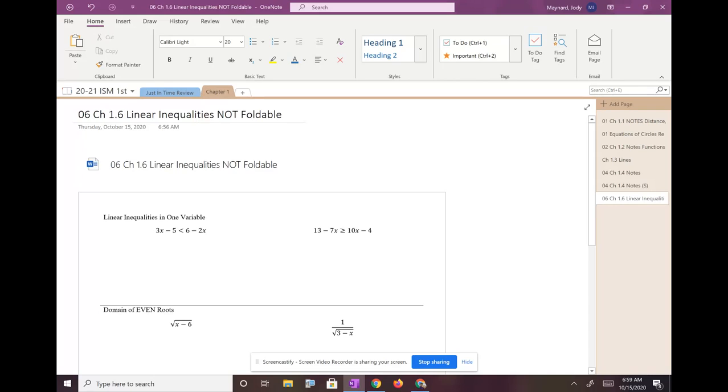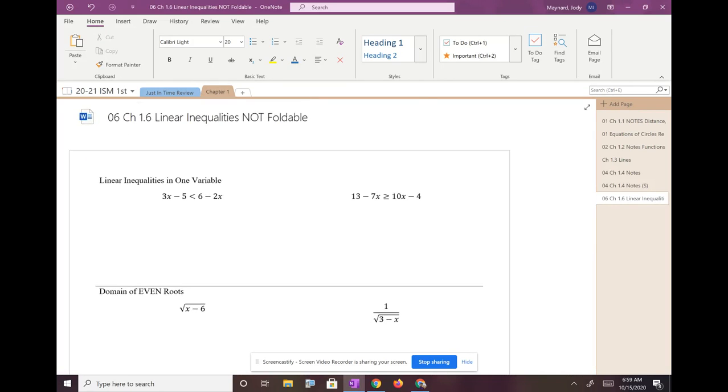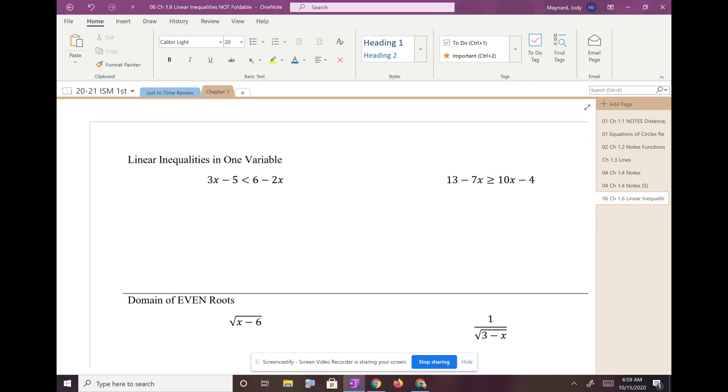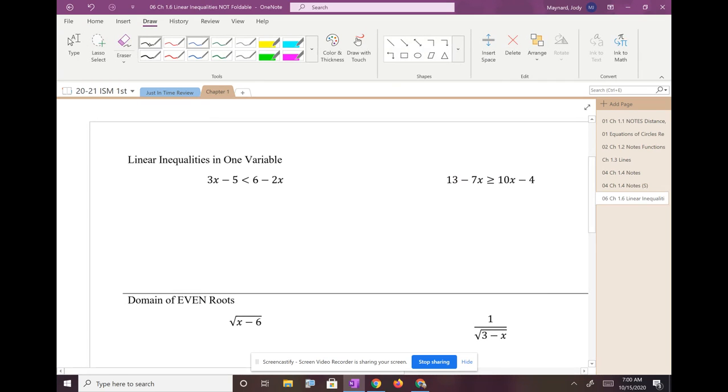So let's go ahead and start with linear inequalities in one variable. These are the inequalities that you are used to and that you have done in Algebra 1 in previous years, maybe a little bit in Algebra 2, but mostly in Algebra 1 and 6th through 8th grade. So just a reminder here, we've talked about our little faces before.